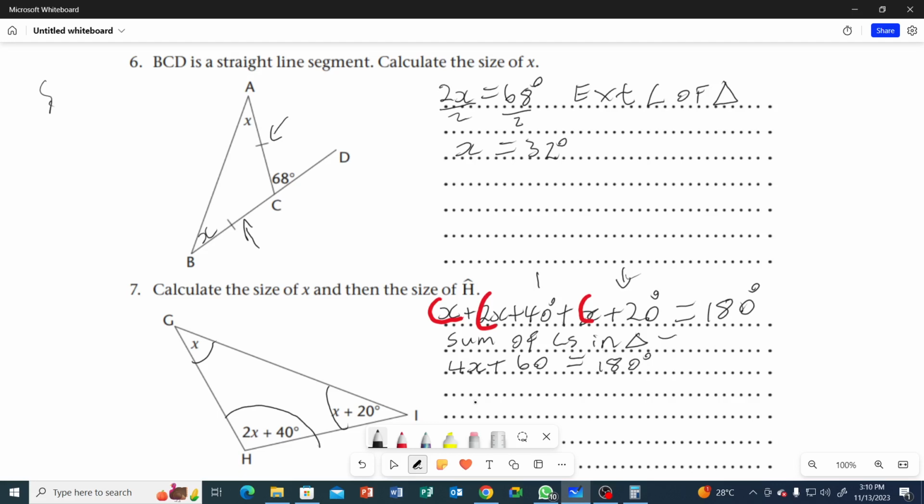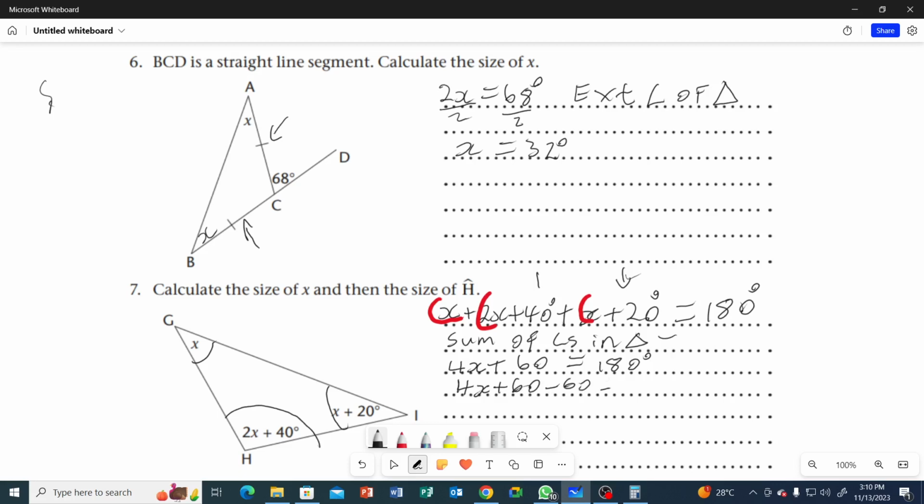Now in mathematics, whatever you do on the left hand side, you must also do on the right hand side. So we have 4x plus 60. So I'm going to subtract 60 here.